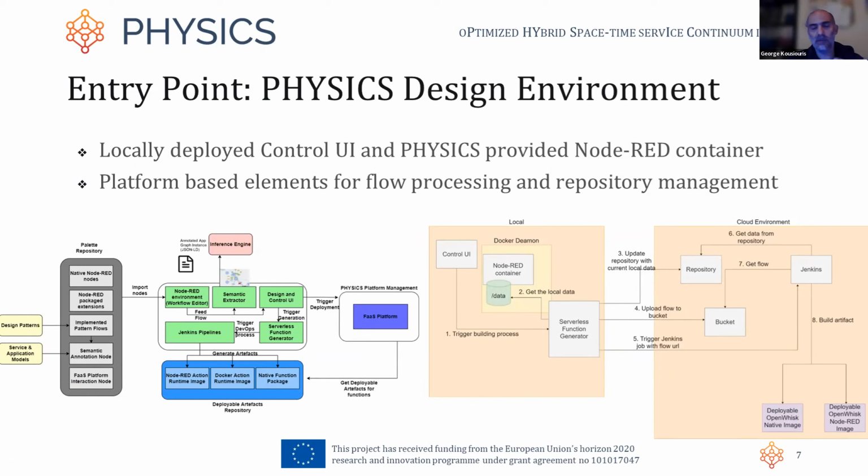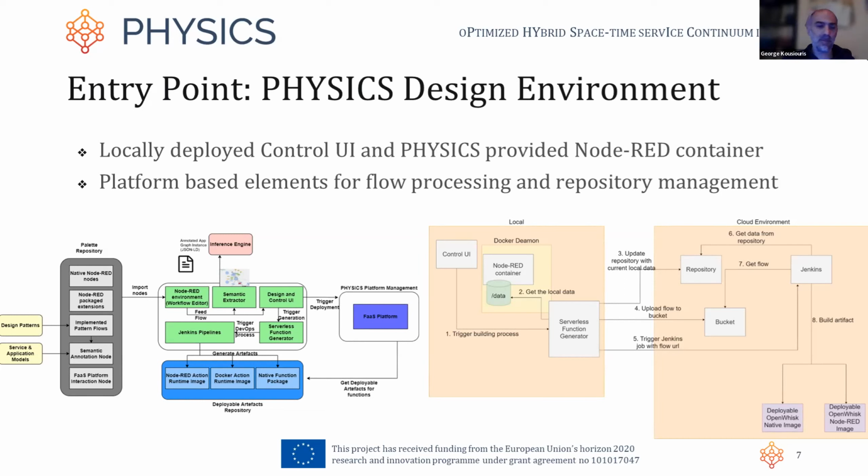Once someone creates and designs their flows and tests them within the node, what is done is that a relevant backend component is activated, the relevant flows are retrieved, and all the new dependencies, modules and extra libraries that are included in the environment are used in order to build, through a Jenkins pipeline, the final deployable code artifact.